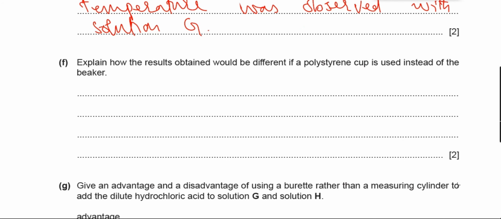Next, explain how the results obtained would be different if the polystyrene cup was used. So remember, polystyrene cup is a good insulator or better insulator. So if this is a better insulator, there will be less loss of temperature to the surrounding.